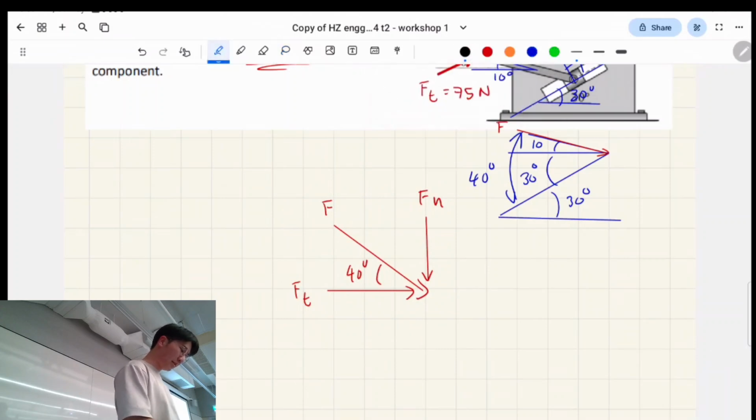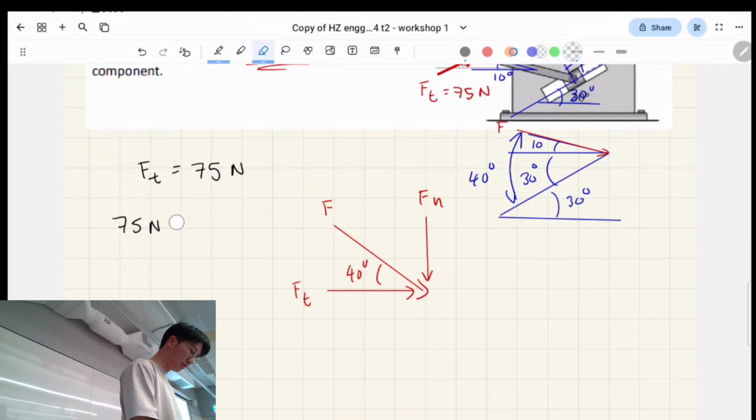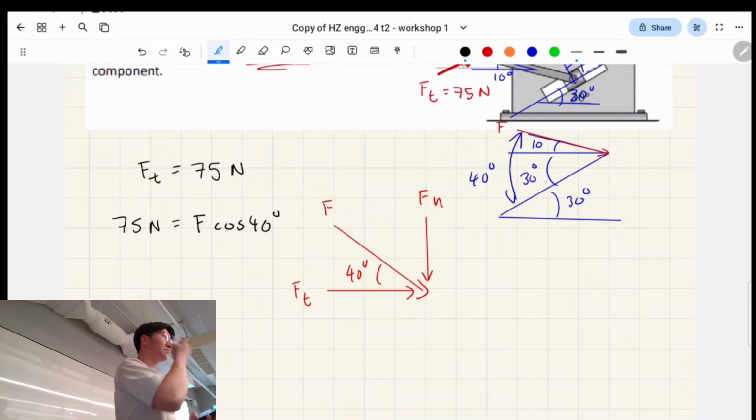Let me just reiterate that the tangential force was 75 newtons. Another way to put this is 75 newtons is equal to F cos 40. This force we were told was 75, and that's the horizontal component of this diagonal force.